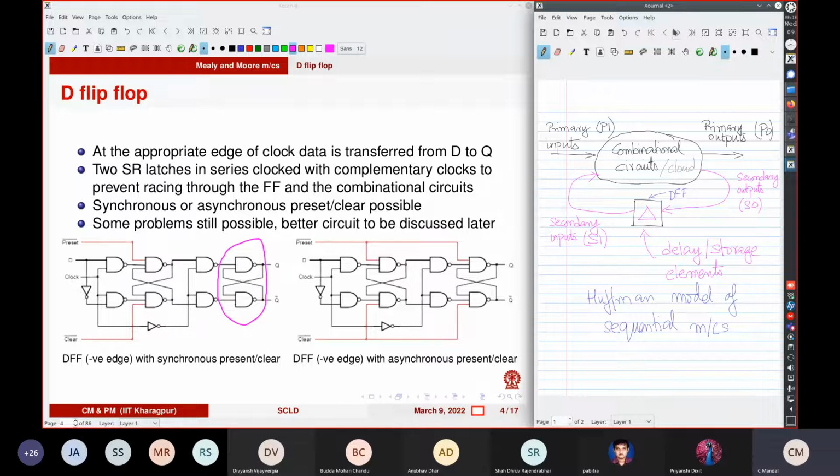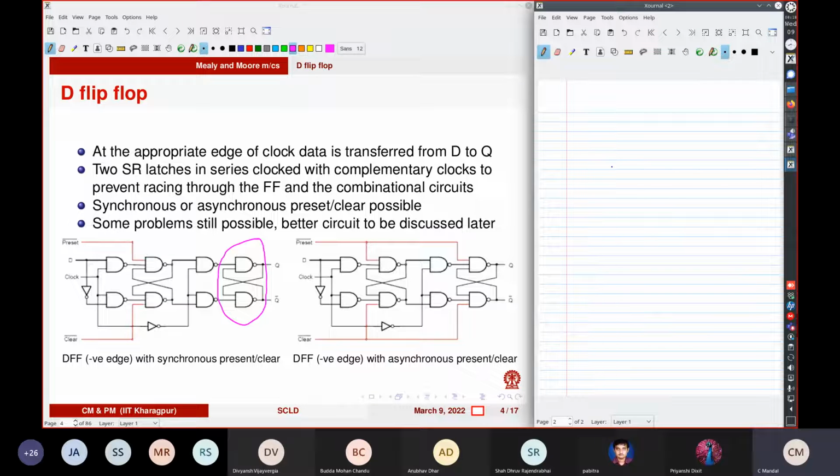So if we think of this kind of a circuit, you could say that these are cross coupled.